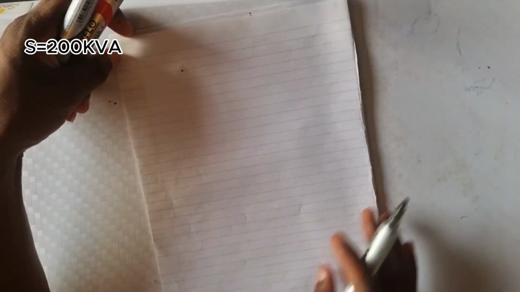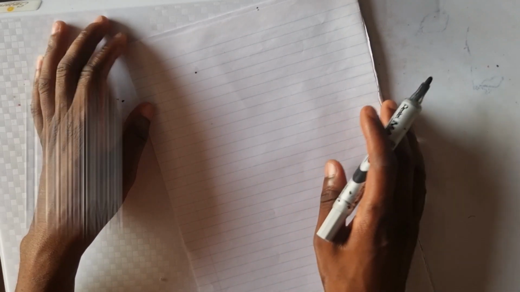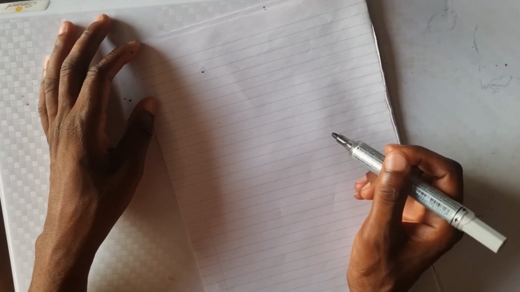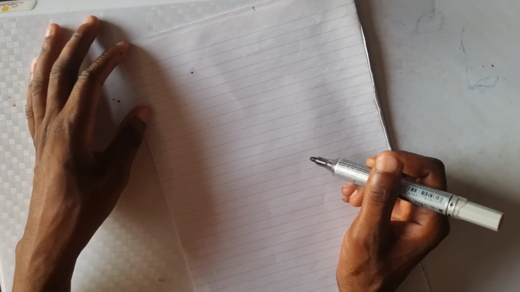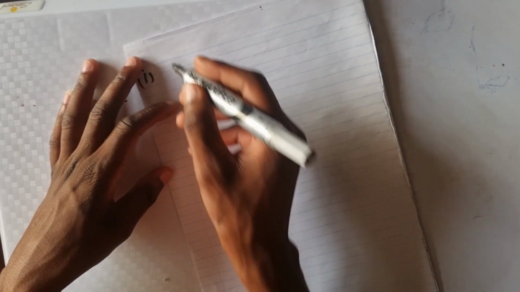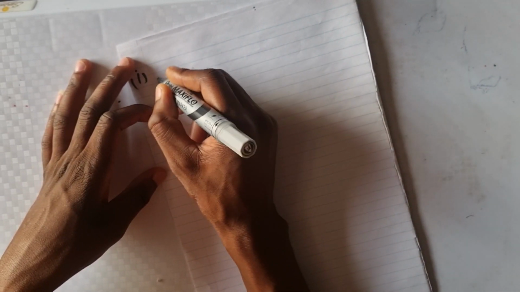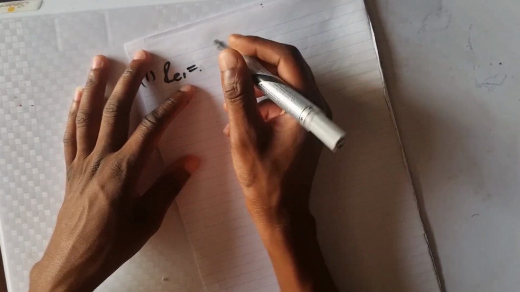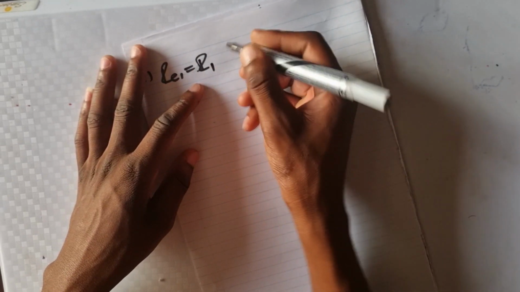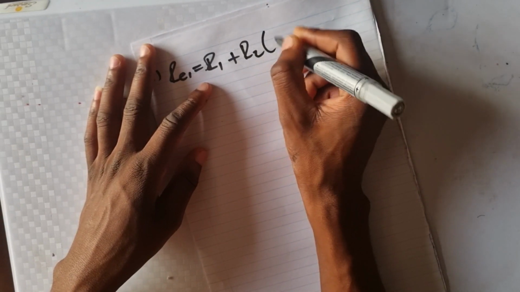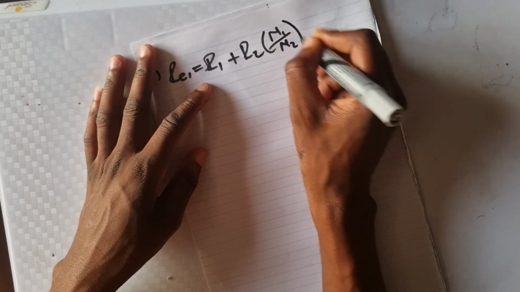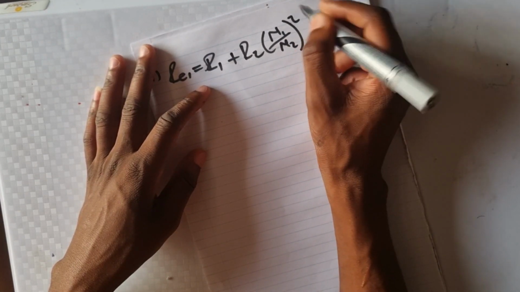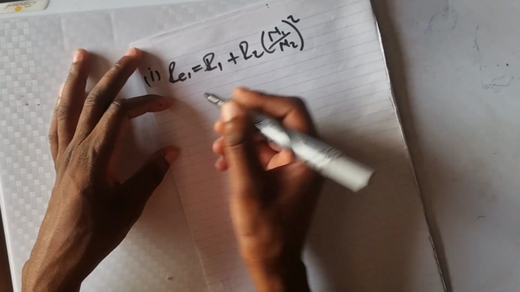So we're going to calculate first the equivalent resistance referred to the primary. That's going to be Roman figure 1. To get the resistance, it's going to be RE1, which is R1 plus R2 (N1 over N2) squared. Don't forget this squared here because your answer is going to be wrong.